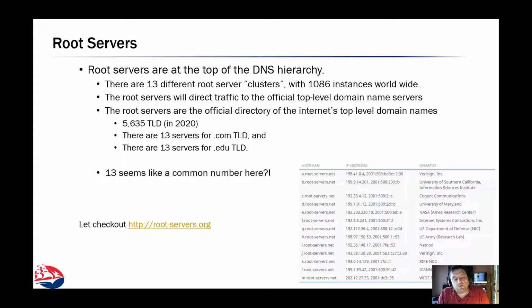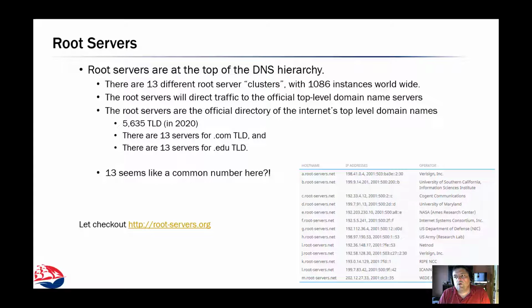For each of the principal top-level domains, there are 13 server clusters that will resolve names for each of those different TLDs. So for instance, there's 13 clusters that handle .com. There's 13 clusters that handle .edu. 13 apparently is a common number.